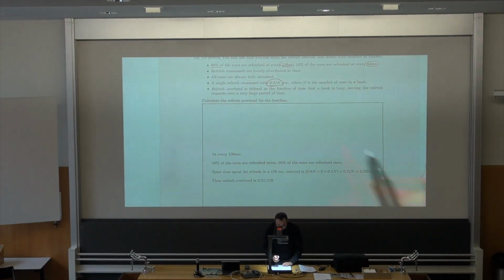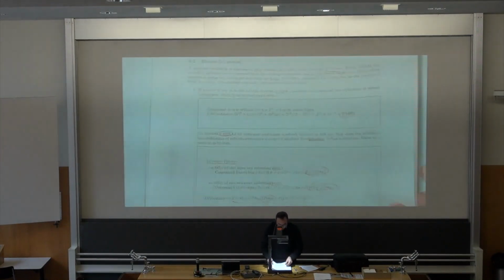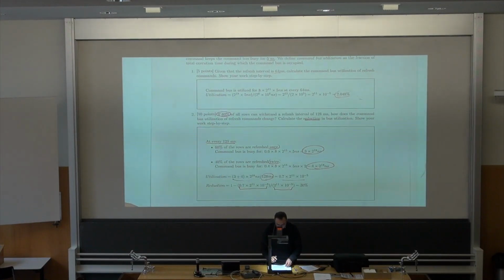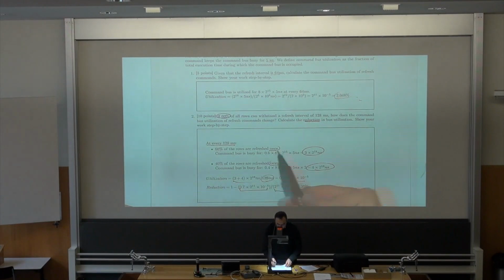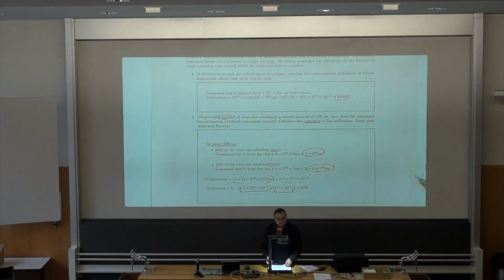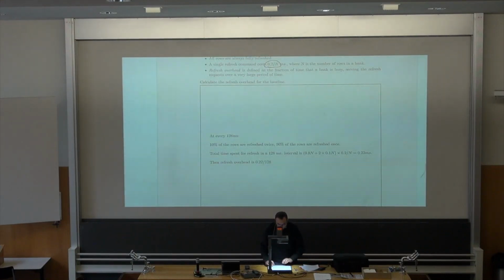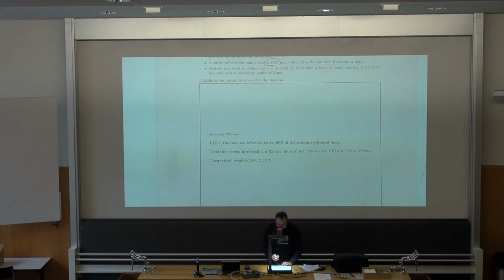Okay, so again, I do the same thing that I did in the second part of the first question in the basics. Remember, 60% was being refreshed once in every 128 milliseconds, and the 40% were being refreshed twice. So it's the same story here again. I just look at every 128 milliseconds: 10% of the rows are refreshed twice, and 90% are refreshed once.